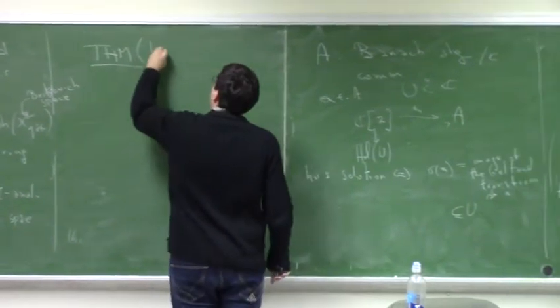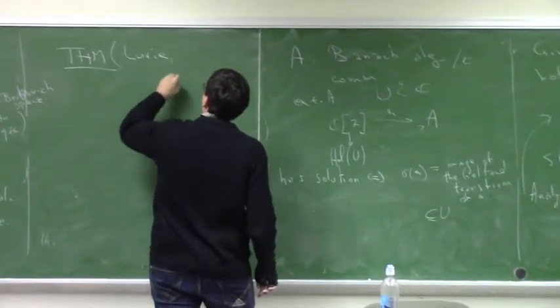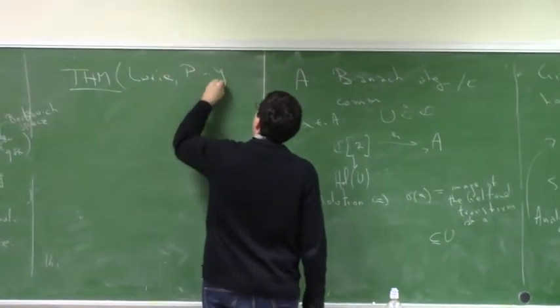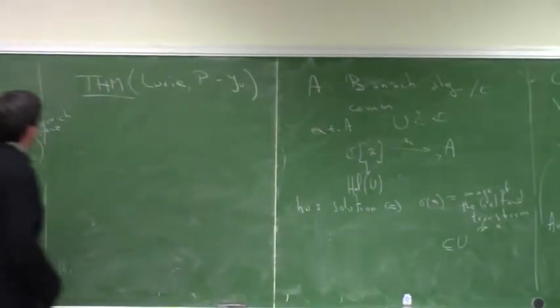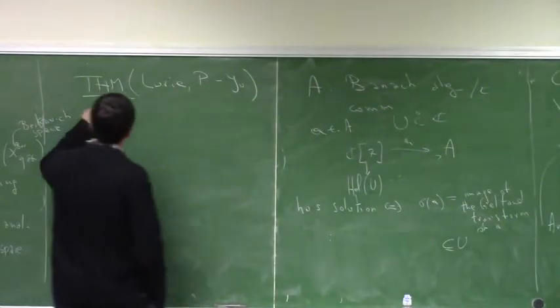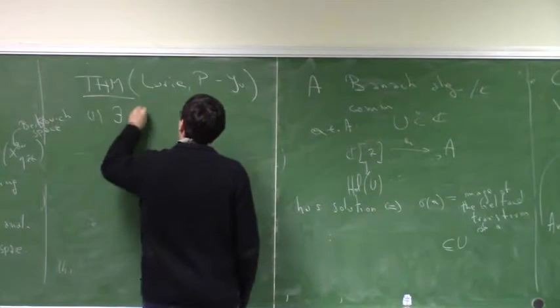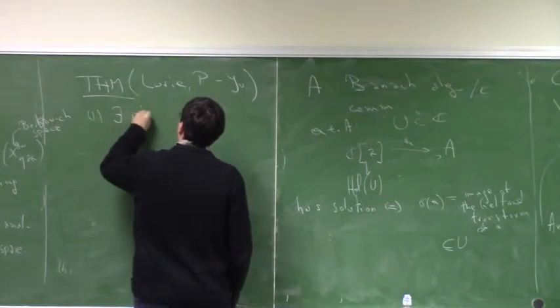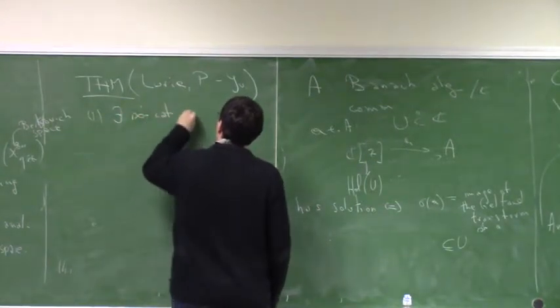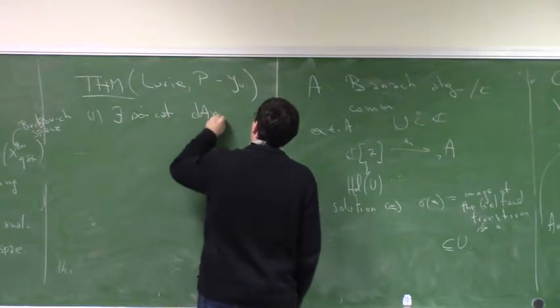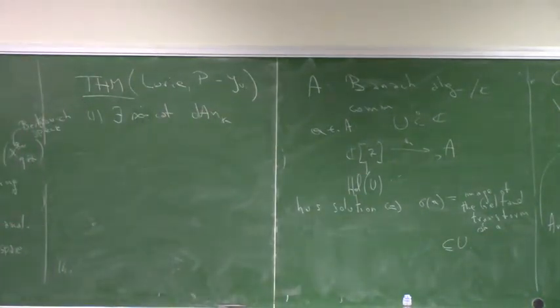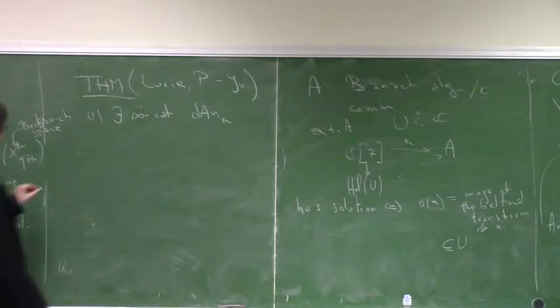This is due to Porta in the complex case, and to me and Tony in the non-Archimedean setting. So first of all, there exists an infinity category of derived K-analytic spaces, whose objects are the ones I defined here.